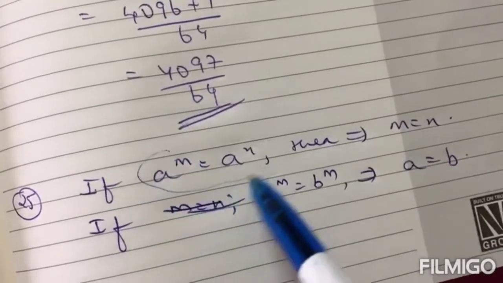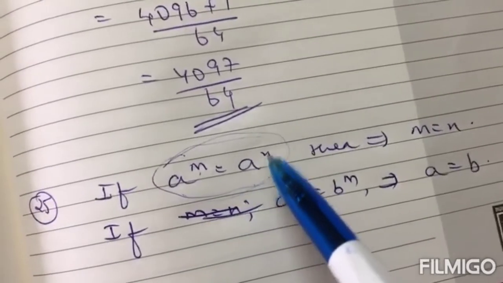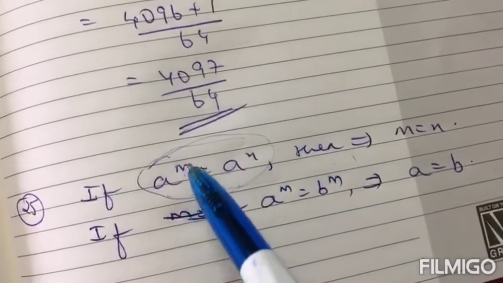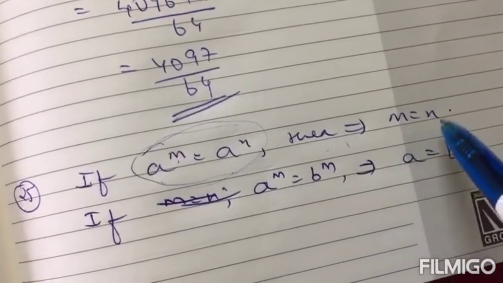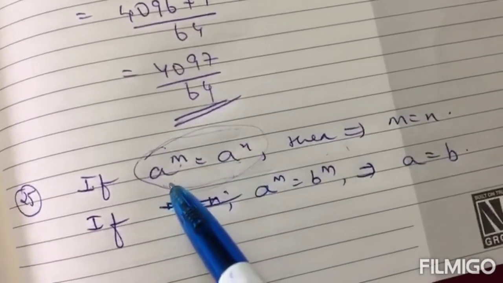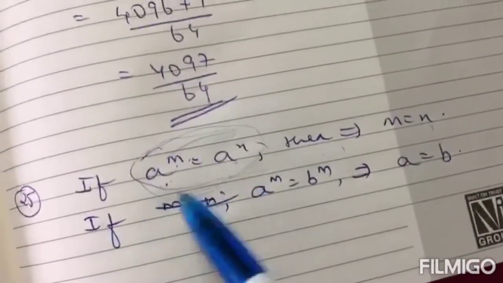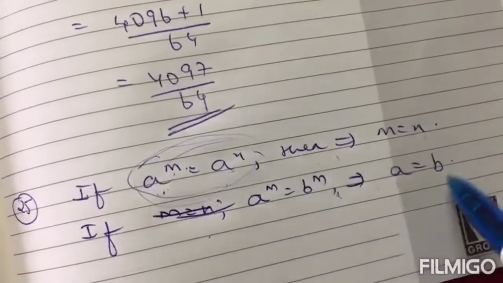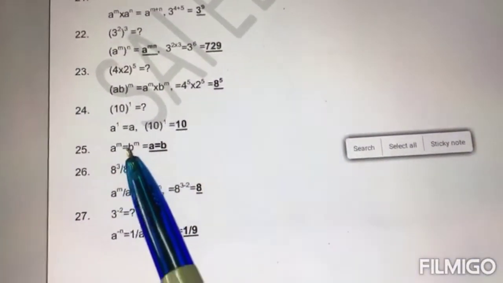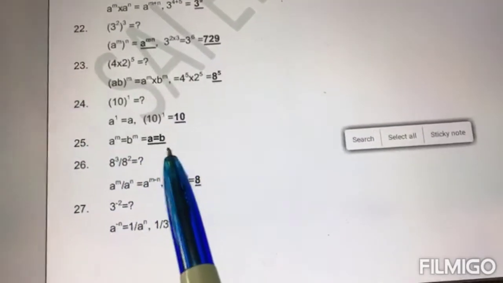Because in an algebraic equation, if a raised to m is equal to a raised to n, then the exponents are equal, that is m is equal to n. So if the bases are the same, then the exponents must be equal in an equation. Similarly, in an equation, if the exponents are the same, then the base must be equal. This is what number 25 is telling you. A raised to m is equal to b raised to m, then that means a is equal to b.